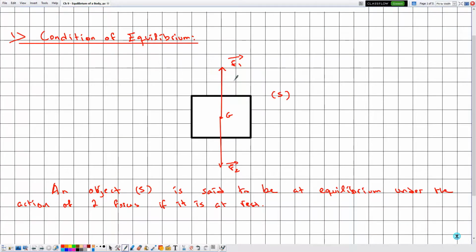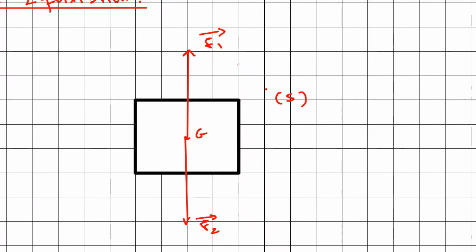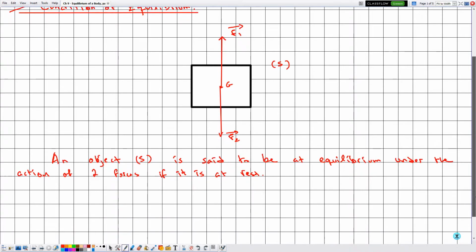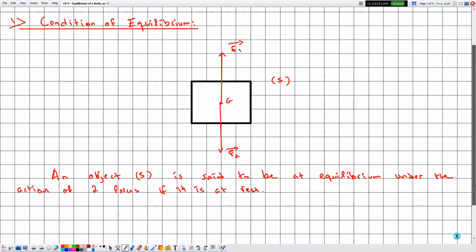In other words, the action of the force F1 must cancel the action of the force F2. So how can we describe this at the level of the properties of the forces? We say that F1 and F2 have the same line of action, opposite direction, and same magnitude. Notice that I have represented F1 and F2 in a manner that both of them have the same magnitude, but we need to express this mathematically at the level of an equation.